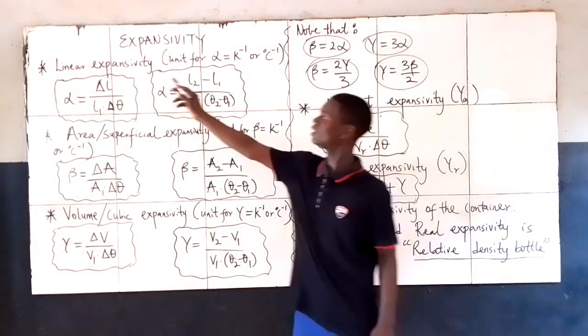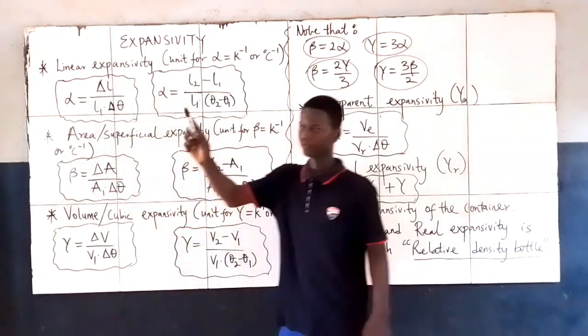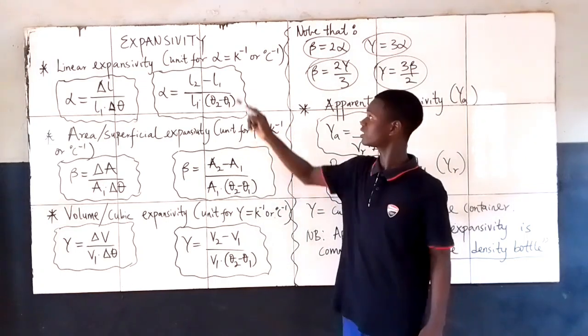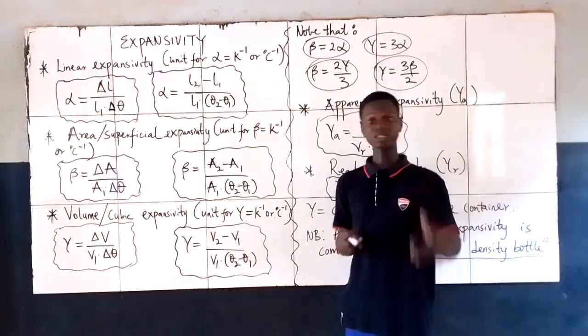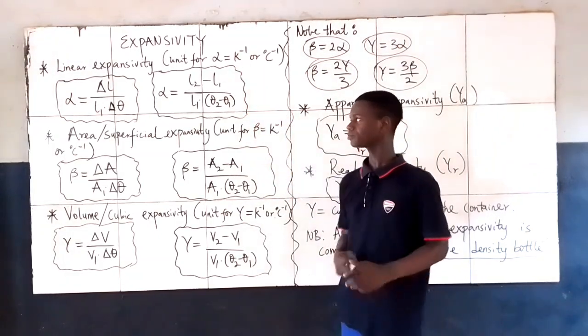So for linear expansivity, symbolized by the symbol alpha, the unit is per Kelvin or per degree Celsius, but in most standard cases it's preferable to use per Kelvin.